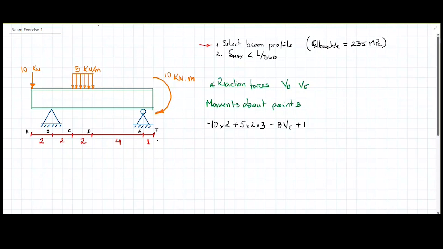I'll start preparing this. So I'm going to put this on the other side. 8 VE equals, I should start doing it right away, minus 20 plus 30 plus 10, means that VE equals 20 divided by 8.